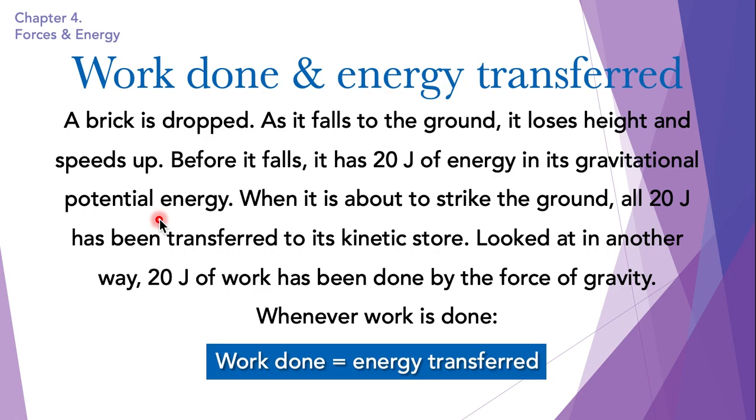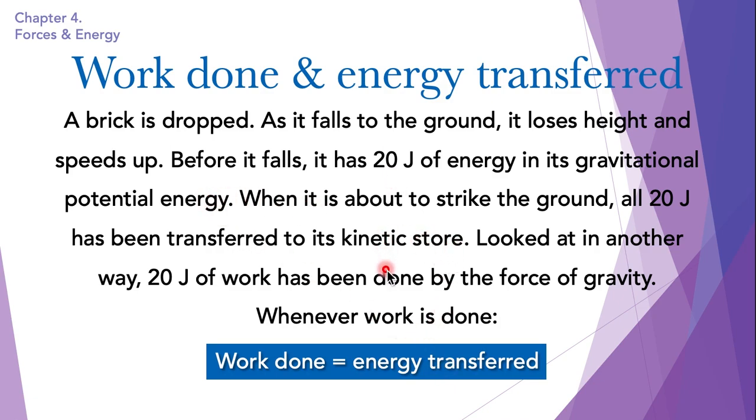So when we look at it in another way, 20 joules of work has been done by the force of gravity. So whenever work is done, work done is equal to energy transferred, which means, as you saw, the brick had 20 joules of energy stored as gravitational potential energy. When it fell to the ground, it speeded up, and when it was about to strike the ground, all of the 20 joules of energy were transferred to its kinetic store.